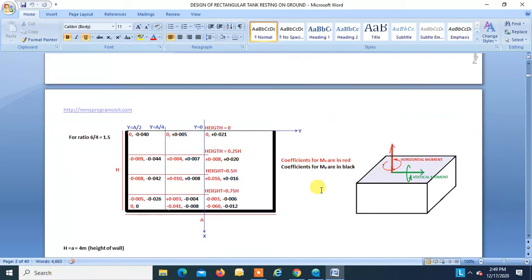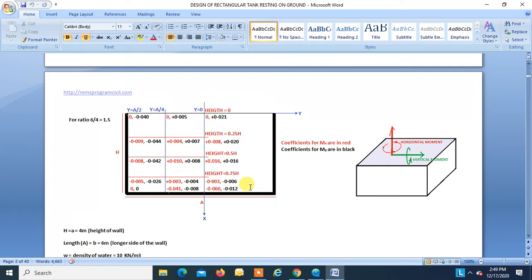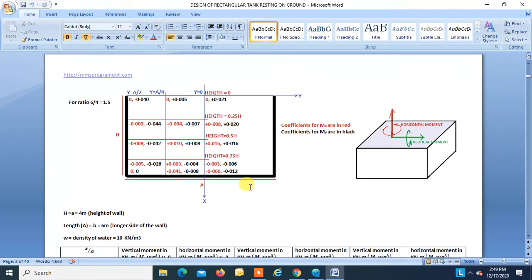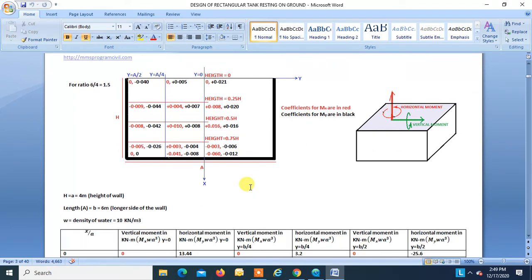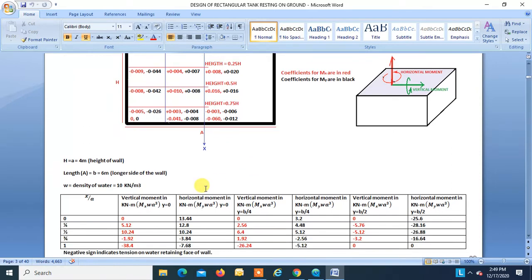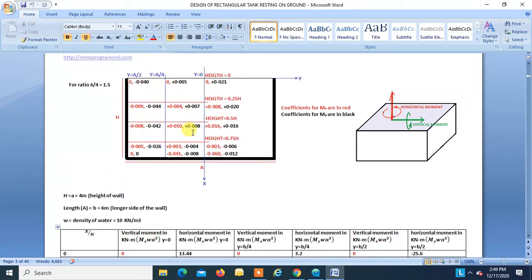Now, as we know the coefficients, let us find the bending moments in the long panel. Taking x by a varying from 0, 1 by 4, 1 by 2, 3 by 4, 1. First taking y is equal to 0, and that is for vertical moment.